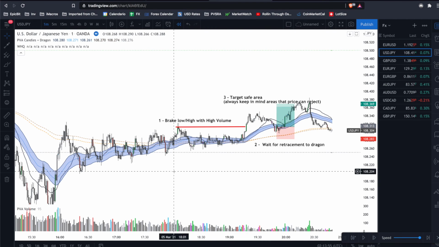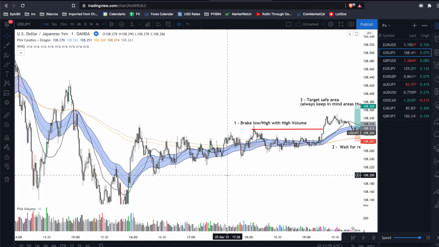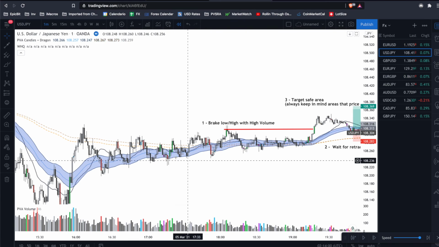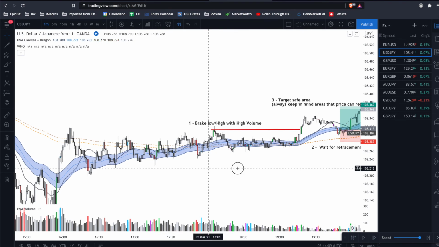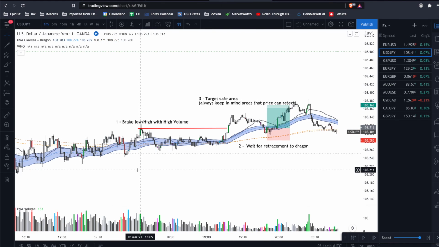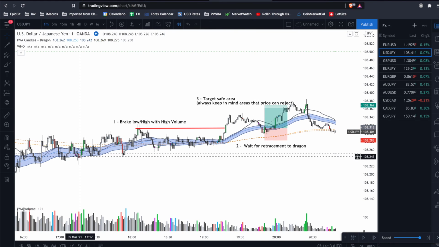There are some people that also use another strategy, that is to wait for a key level to be broken with a high volume like this. Here you can see this. Okay, here you can see a key level broken with a high volume.